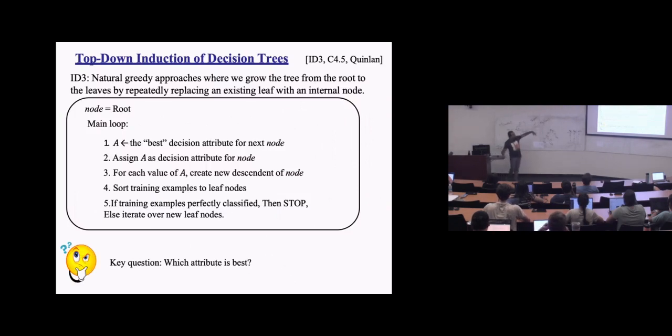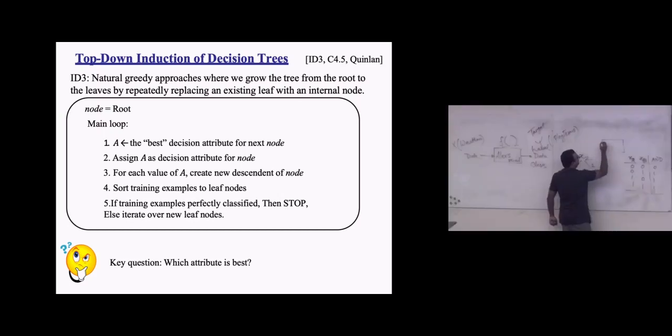So we have already seen this, right? But it's a little more detailed in terms of pseudocode. So that two-line pseudocode we talked about. First of all, the best attribute is still there, and I'll get to it. So number one, pick the best attribute. Number two, assign A as the decision attribute. You pick the first attribute, A1.